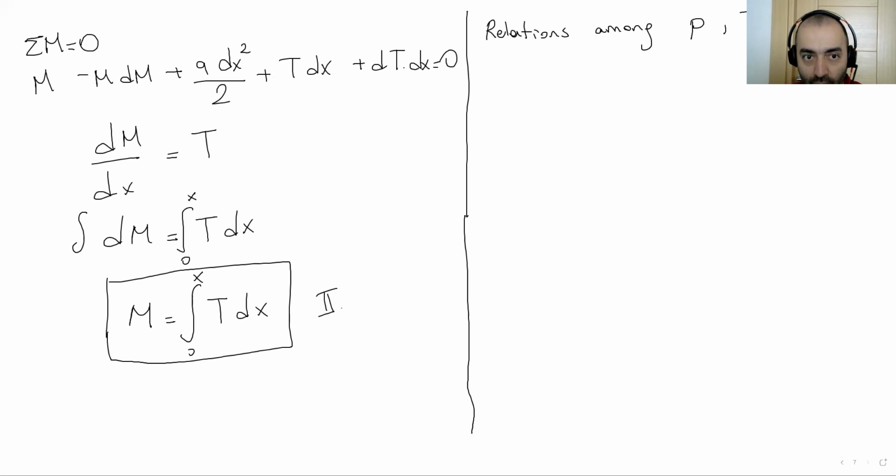Here P is the external loading. Okay, this is the load. Let me write the load.